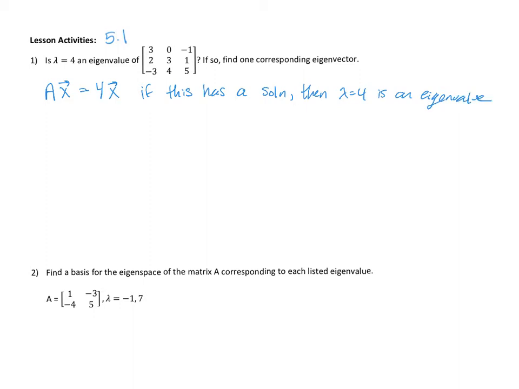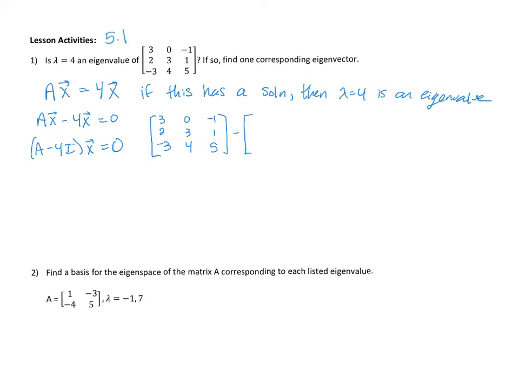Okay, so to solve this, I would subtract 4x from both sides, so I get Ax minus 4x equals 0. Factor out the x, so we get A minus 4I times x equals 0. All right, A minus 4I. So A is 3, 2, -3, 0, 3, 4, -1, 1, 5, minus 4 times the identity.